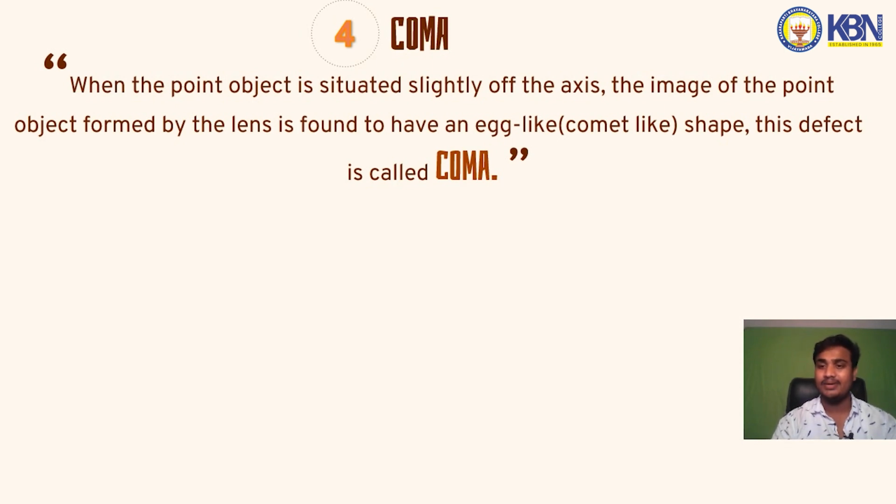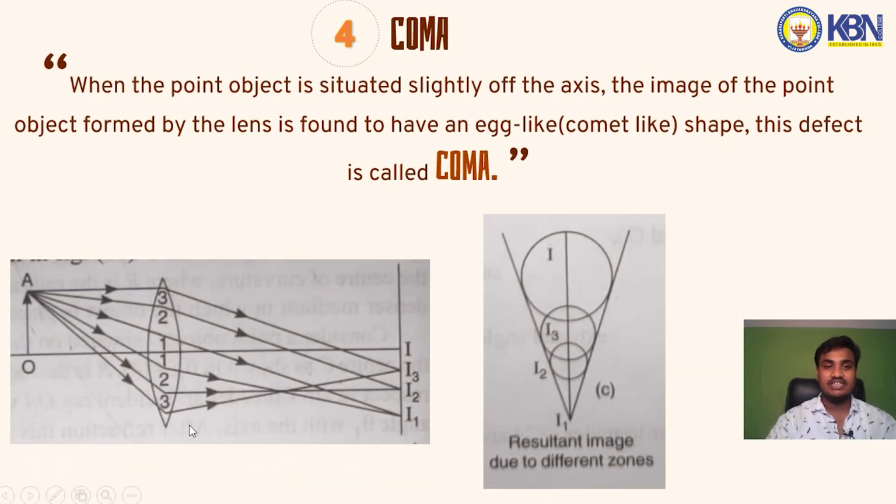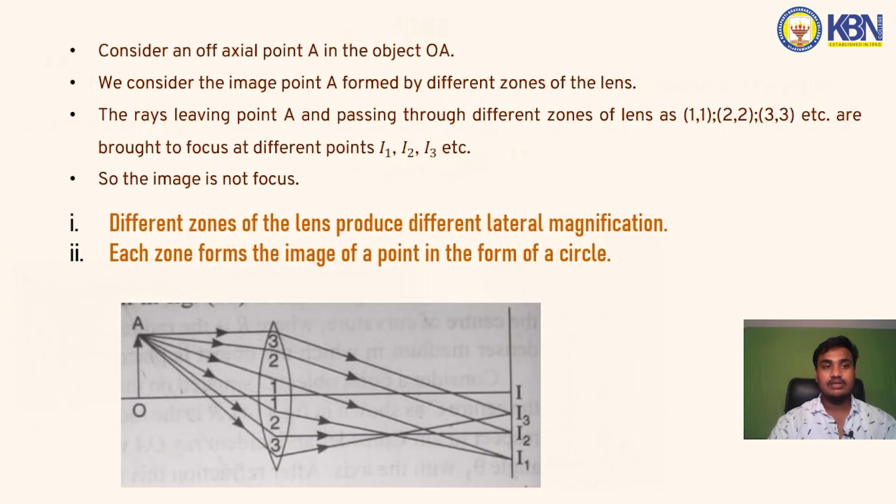This defect is called coma. Here in this diagram you can see the point object is situated slightly off the axis. The image of the point object formed by the lens has an egg-like structure. This aberration is known as coma.